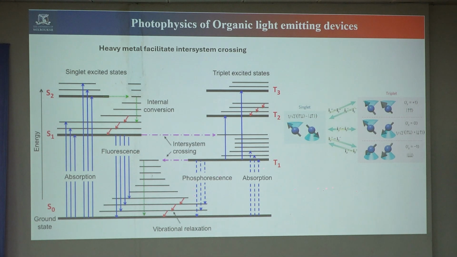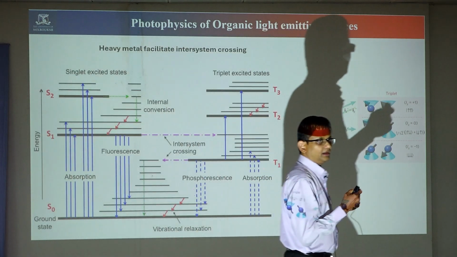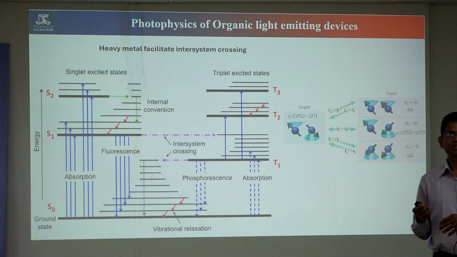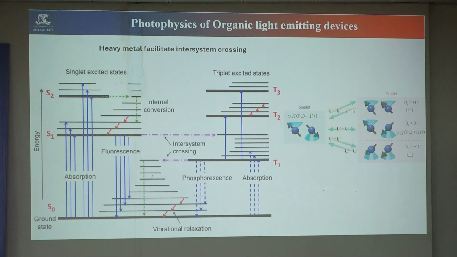So if a material is fluorescent, we can extract only 25% of the energy as fluorescence. The remaining 75% goes to phosphorescence. That's why in the initial stage, the fluorescent lamp was not effective. We are getting an internal quantum efficiency of 20%.